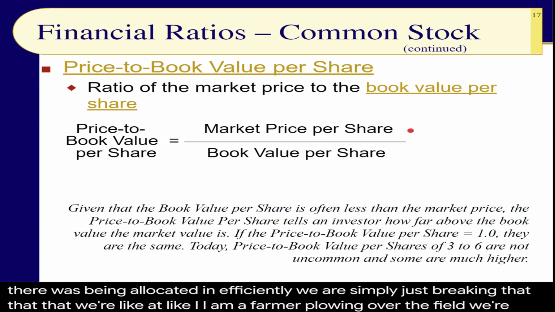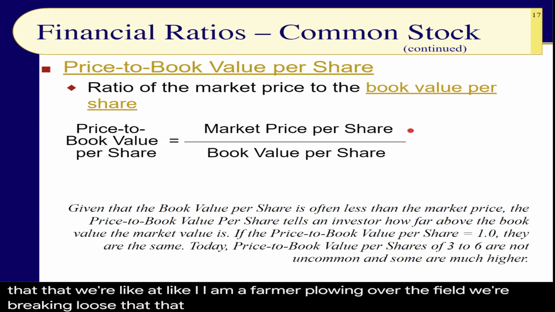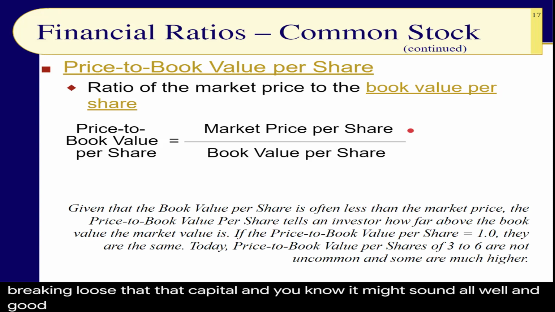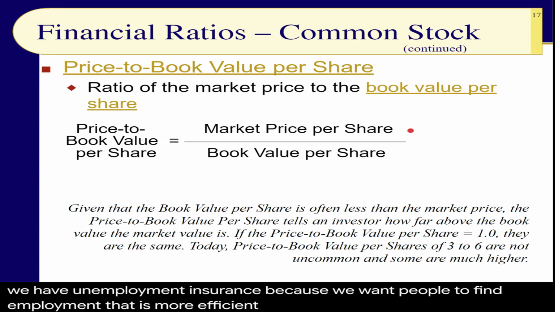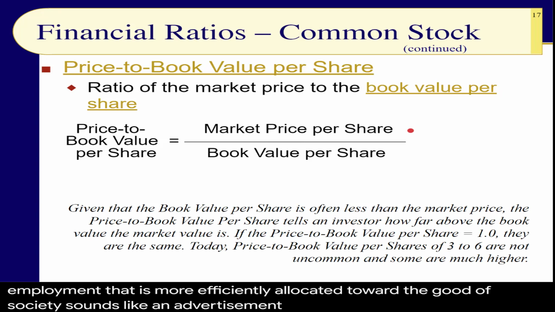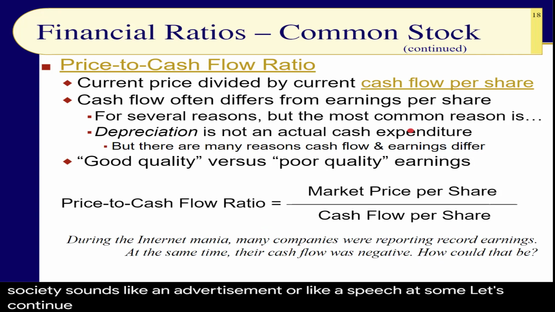And it might sound all well and good, but I've got to feed my kids, right? I just lost my job. And that's why we have unemployment insurance, because we want people to find employment that is more efficiently allocated toward the good of society. Sounds like an advertisement or like a speech at some convention. Anyway, let's continue. Slide number 18.